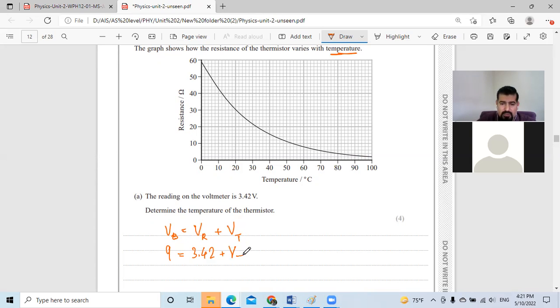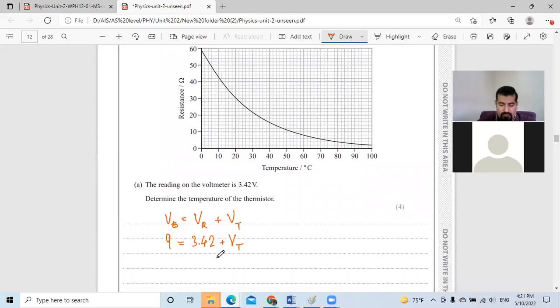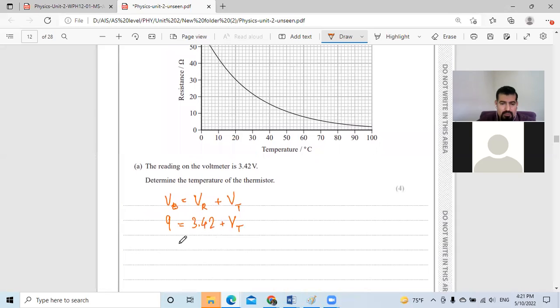We don't know how much it is. So by subtracting these values, we can find out that the voltage here is equal to 5.58 volt. We are going to use the graph.